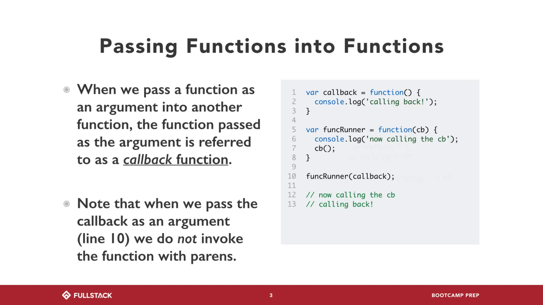Essentially in this case, CB is line 1, the function with the name callback. And so we just execute it. That's why console.log calling back prints out on line 13. After that, the callback function finishes up, and then we reach the end of the funcRunner function, so that finishes up, and we're done. So this is an example of us passing a function to another function to invoke it.